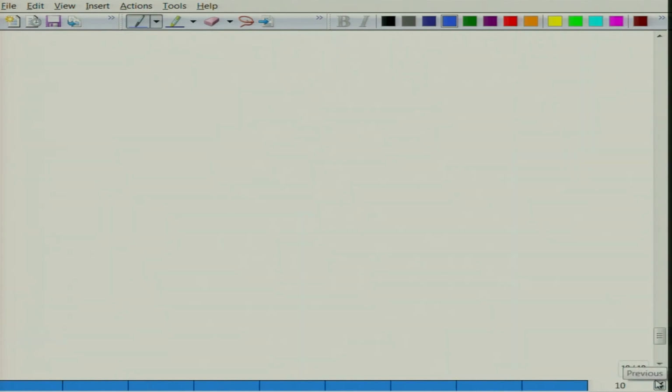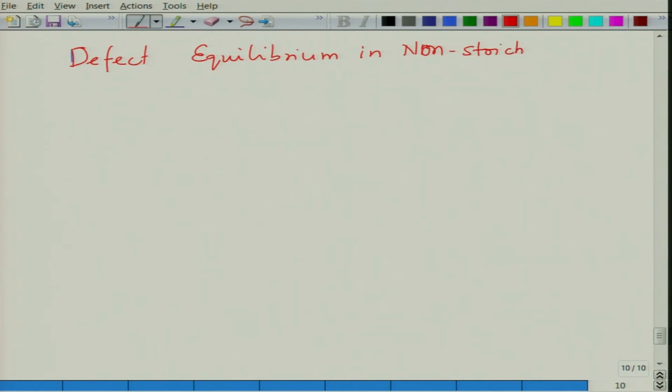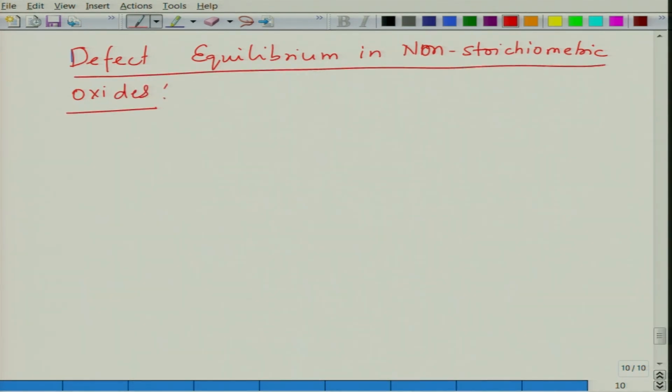Now, let us move on to the next thing, which is defect equilibria in non-stoichiometric oxides.